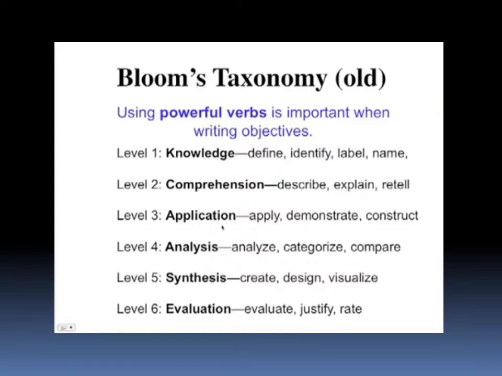Level 3, application. 4, analysis. 5, synthesis. And 6, evaluation. I highly recommend that you go on the internet and Google Bloom's taxonomy of verbs, and you'll find that there are many more verbs for each level here than is described on this PowerPoint, but there's too much to put all on one slide.